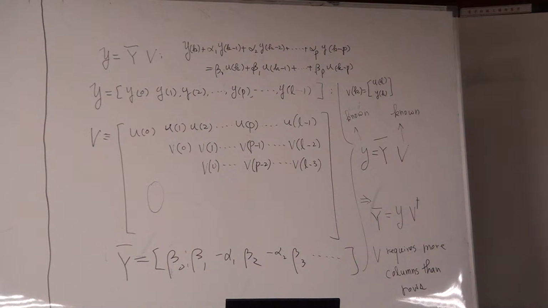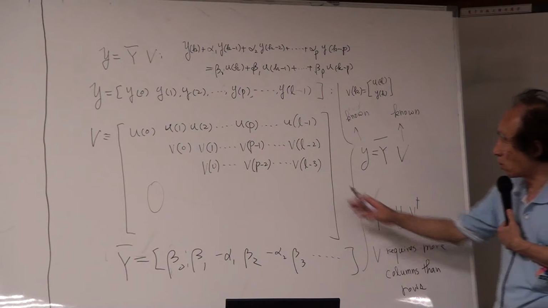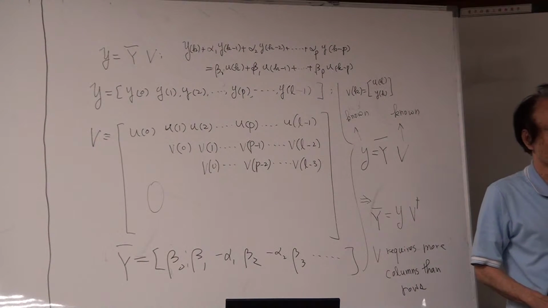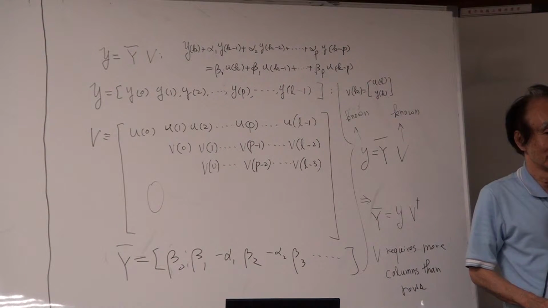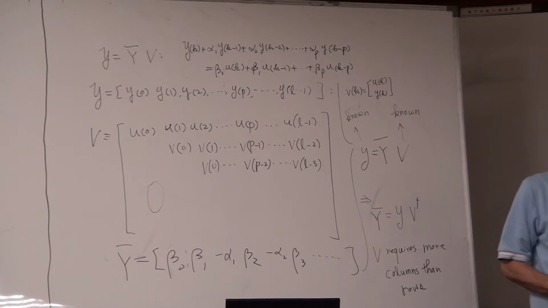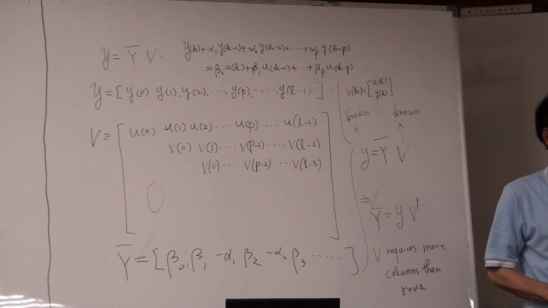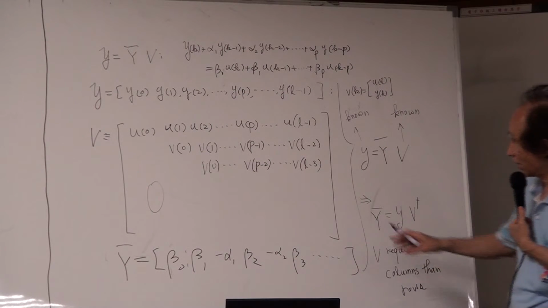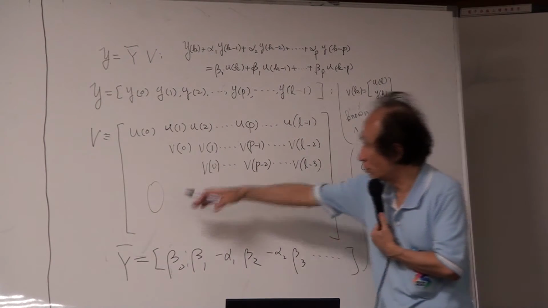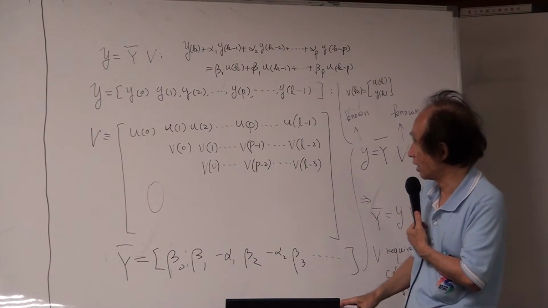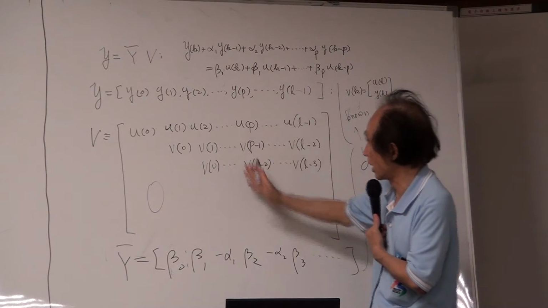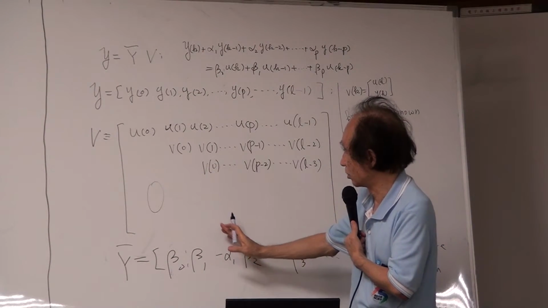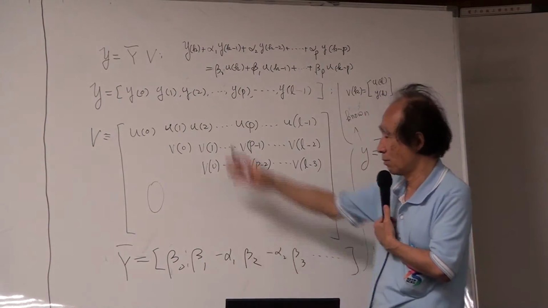Then you get these square solutions. If we don't have more columns than rows, then what happens? If I have more rows than columns, for example, I say, all right, I don't want to have those, I've got to cut this off here, and so I get more rows than columns.